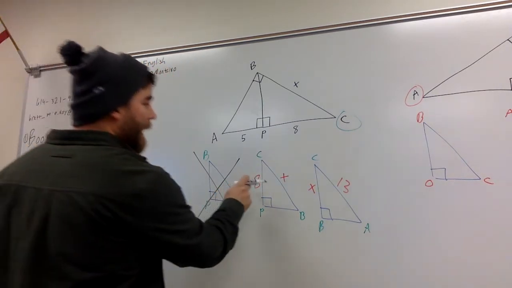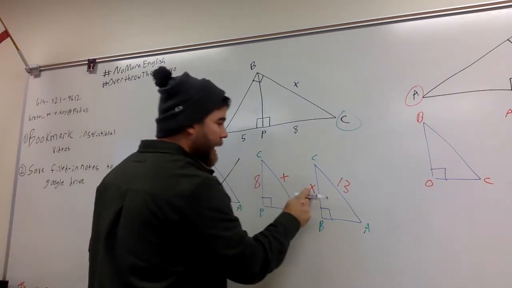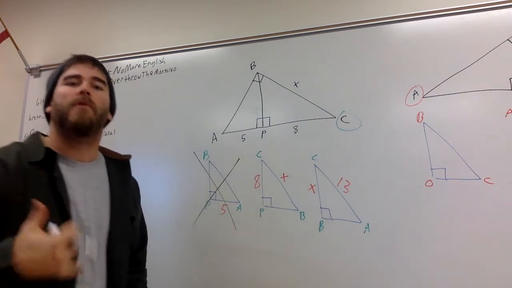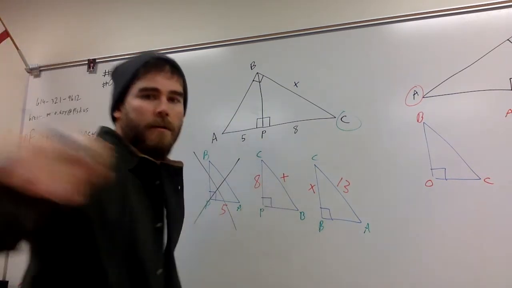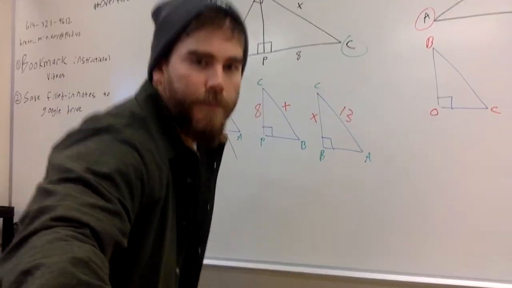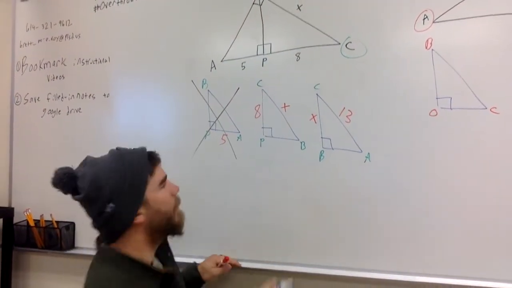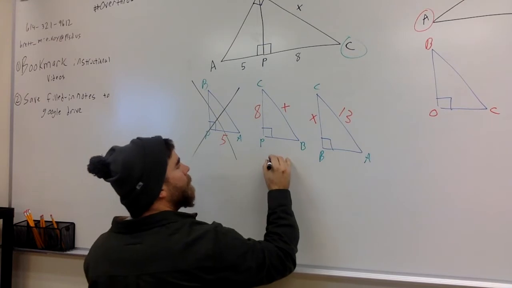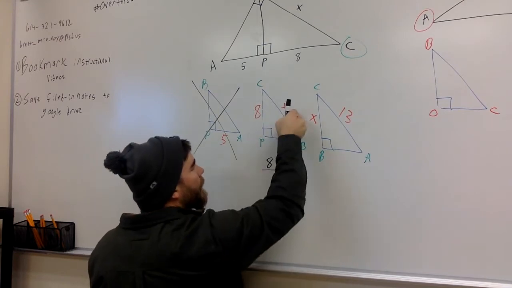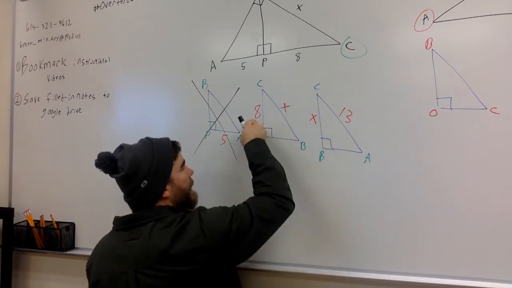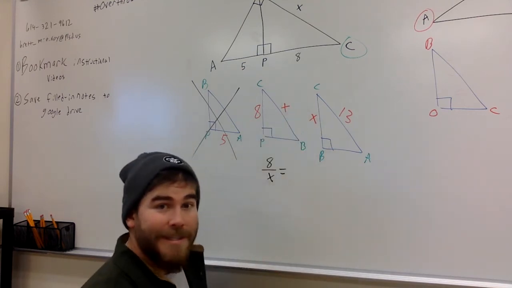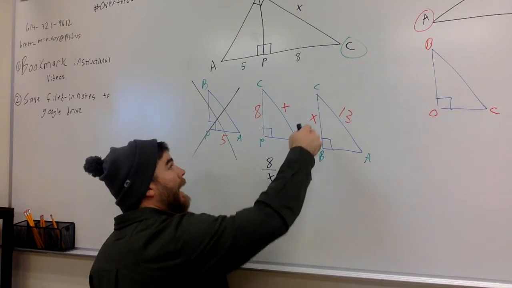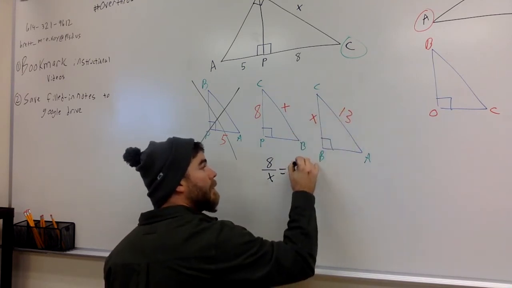So now that I have height and hypotenuse, I'm going to write a proportion. I'm going to start with my triangle over here. The height of the small one is 8 over the hypotenuse. So I have height to hypotenuse, and that's equal to, on my other triangle, the exact same thing: height to hypotenuse.